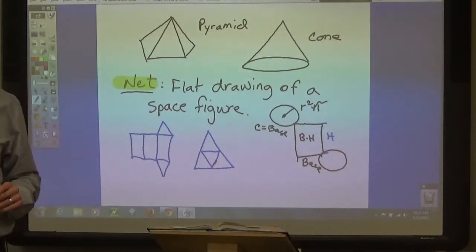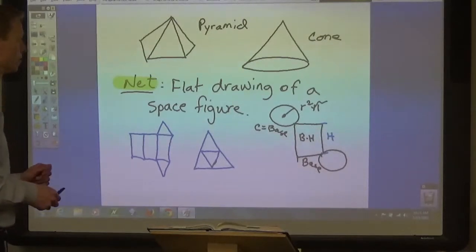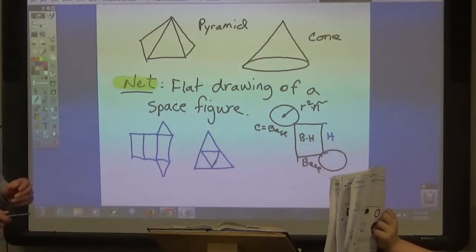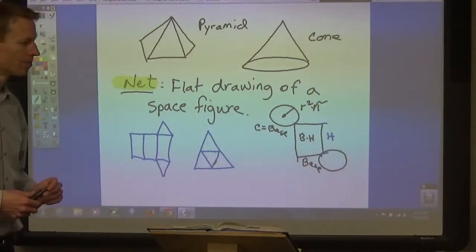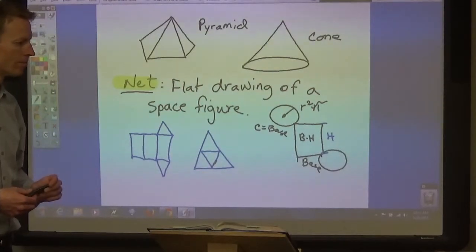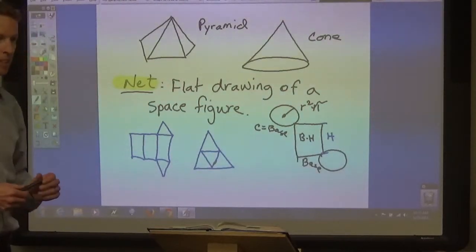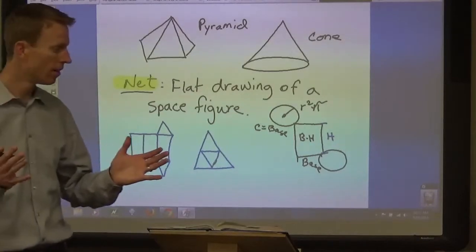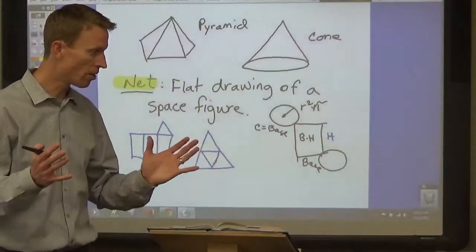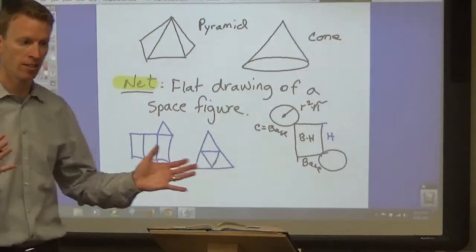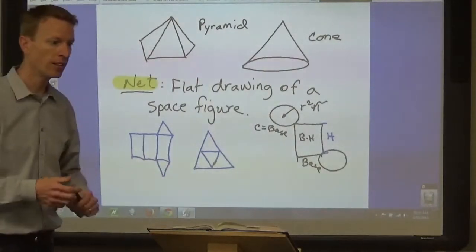Number 3. Dylan? Oh, I thought you were going to go. It has hexagons. Has hexagons and what shape? What is the other shape? Rectangles. So it's a rectangular.